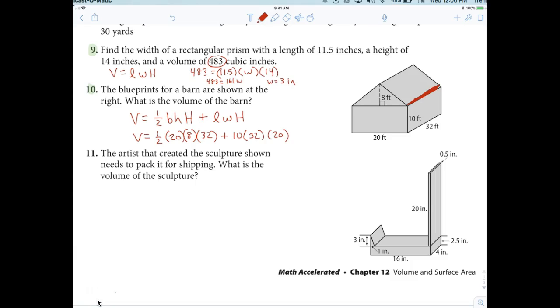Julian, what did you get when you multiplied that together? Quickly. Wait. Check. 8,960. Is that correct? Yes, it is.